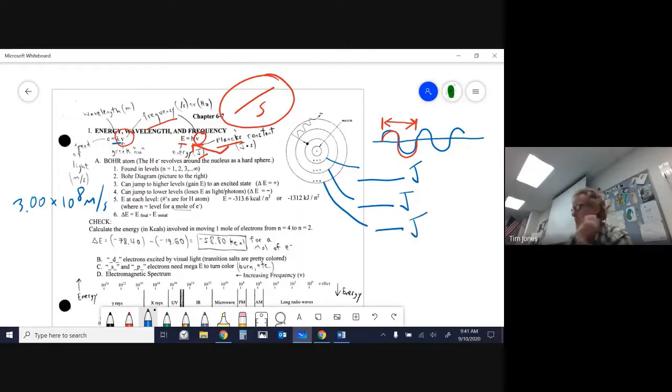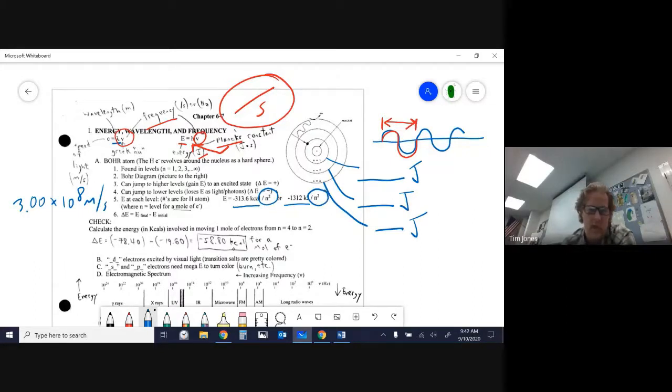You were given these last year. This year, I'm going to have you calculate it, and it's really easy. What you do is you take either this number or this number, just one is in kilocalories, the other one is in kilojoules, and you divide by the orbit or shell squared.